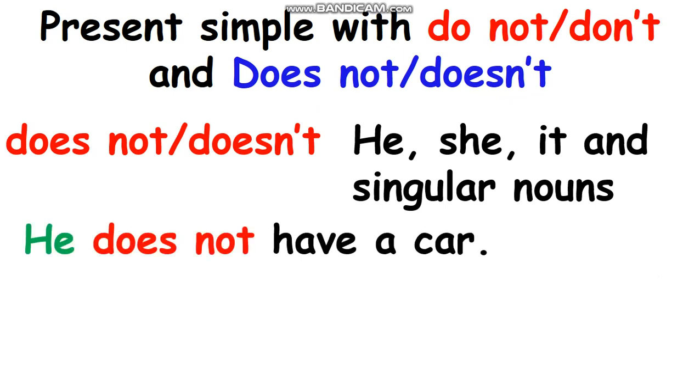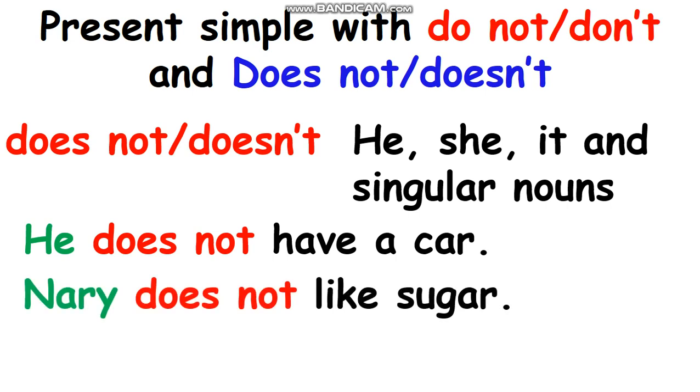So let's go to see how to use it. He does not have a car. So why do we use does not? Because of subject he, right? Another example, Nari does not like sugar.